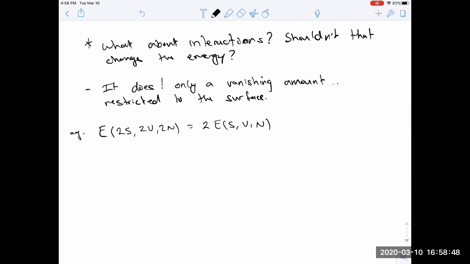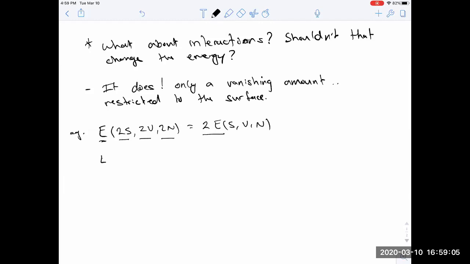So I take an extensive function like the energy, and if I double all of its extensive variables, entropy, volume, and number of particles, I'll get twice that extensive function back.